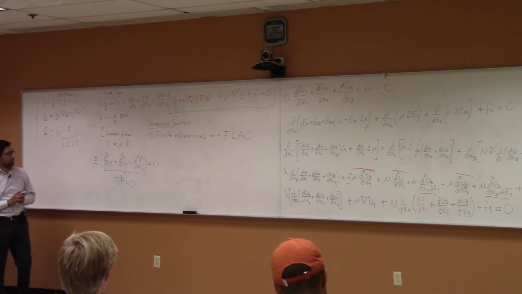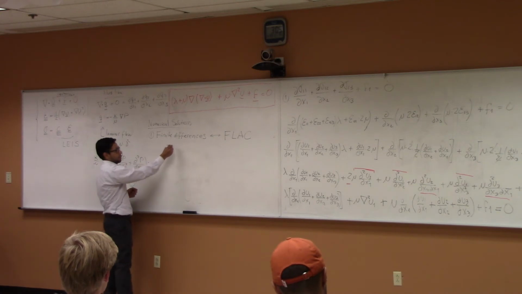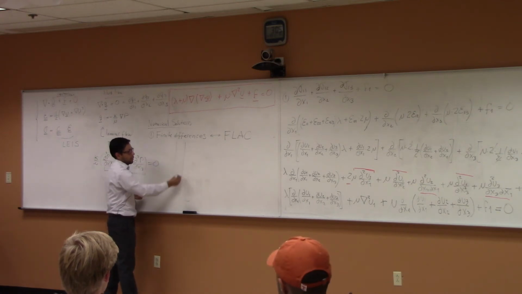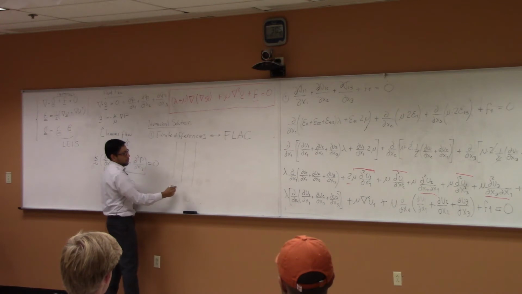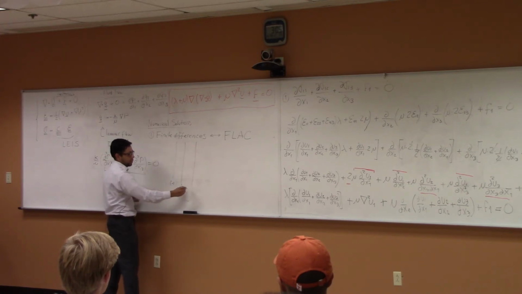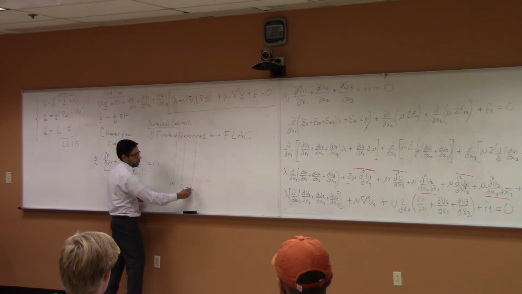If you want to implement it in finite differences, first of all, we need a grid. Can you guys see the grid from there well? So I'm going to call this grid in the direction I, where this is position I minus 1, position I plus 1.